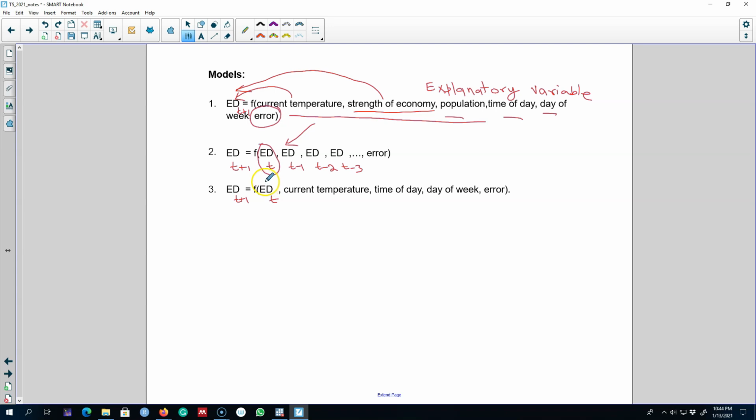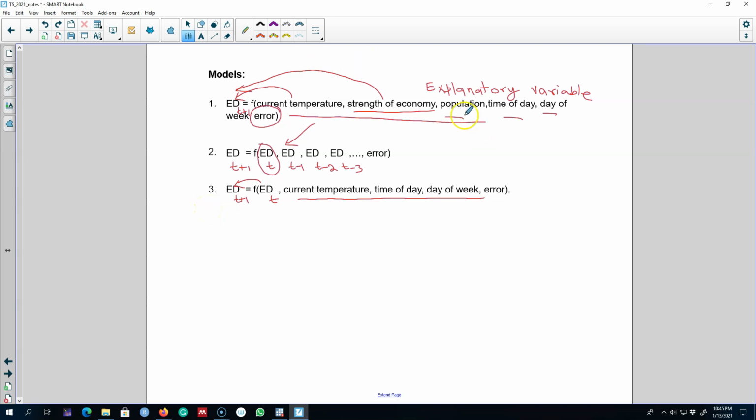That is, we not only include past information about electricity demand in our model, but also include all the other explanatory variables in the model. These types of models are also called dynamic regression models, panel data models, and there are different names for these types of models. We can use any of these models to build our forecasting model.